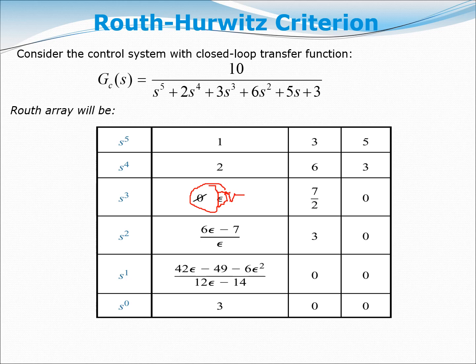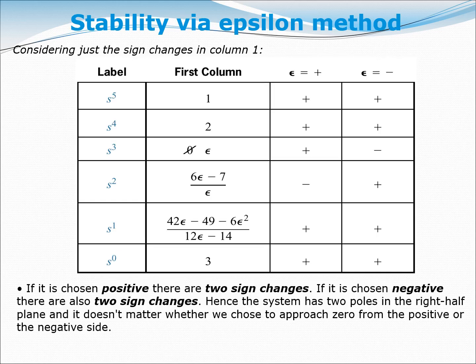So proceed all the calculation until S0. So the next step is considering just the sign change in column number 1. So this is the first column. You just focus on the first column.